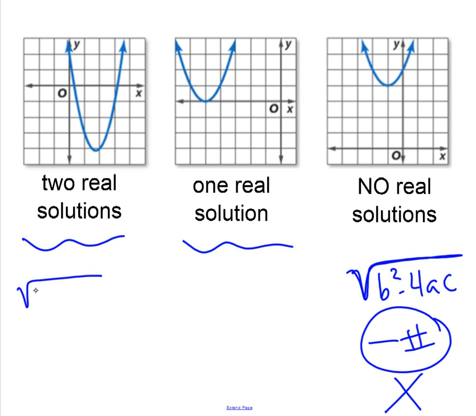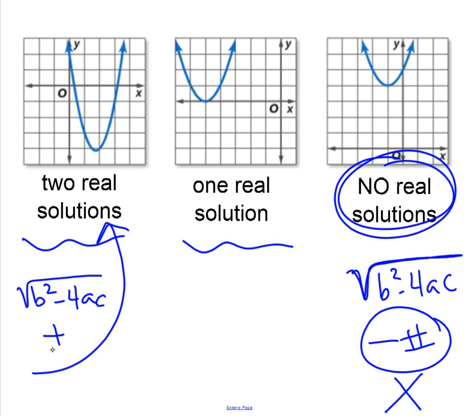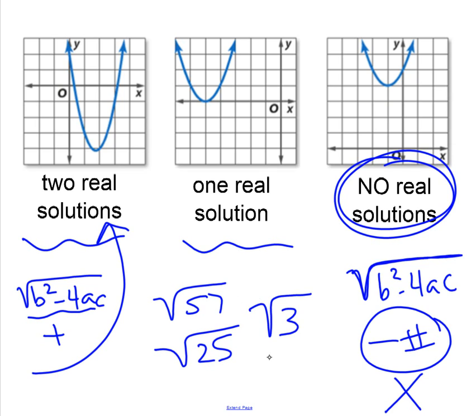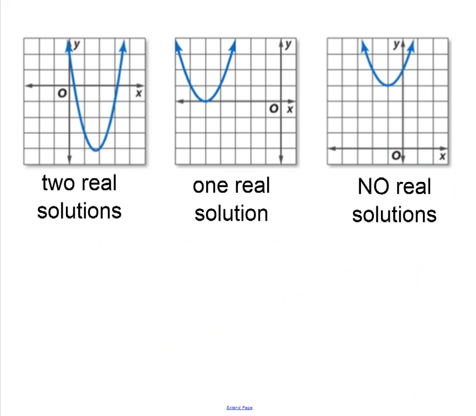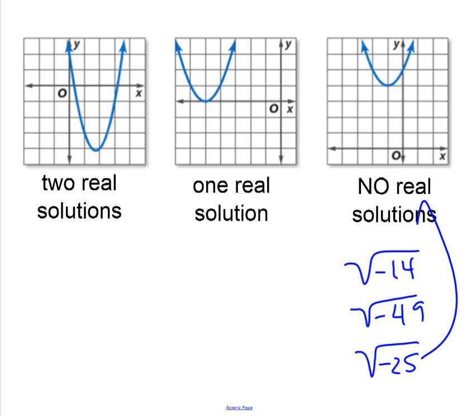Now, if you take the square root of the discriminant and you get some random positive number, well, then you have two solutions. Okay, so some random negative number means you have no answer. But if you get some random positive number underneath here, like the square root of 57, or the square root of 25, or the square root of 3, all of those mean that the problem has two answers. But anything like this means the problem has no answers.